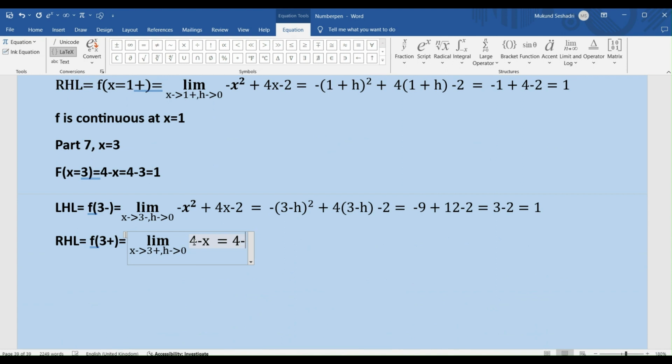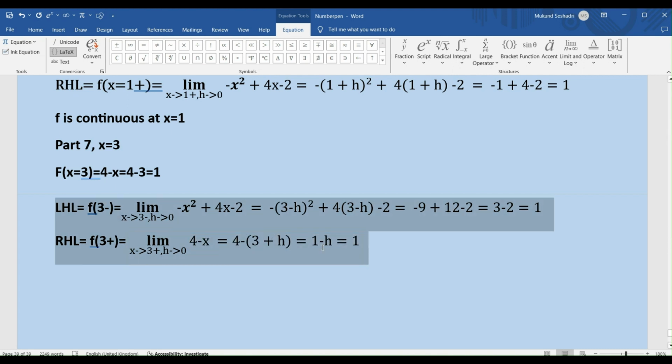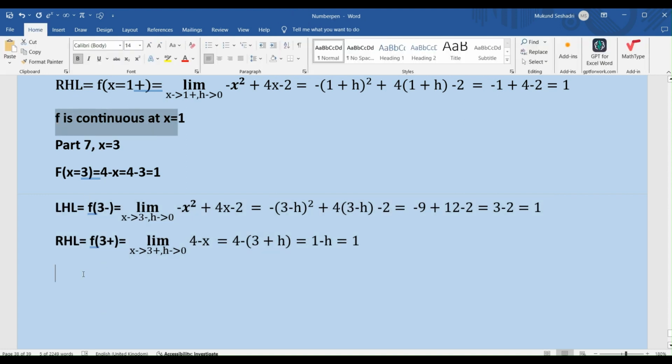And we have 4 minus (3 plus h), and we get 1 minus h, which is 1, right? So we have done both these steps. We have done our f at x equals 3, and our LHL and RHL. We notice that our LHL and RHL are equal in this case, which means that the limit does exist, and they are also equal to f at x equals 3, which means the function is continuous at x equals 3 as well.